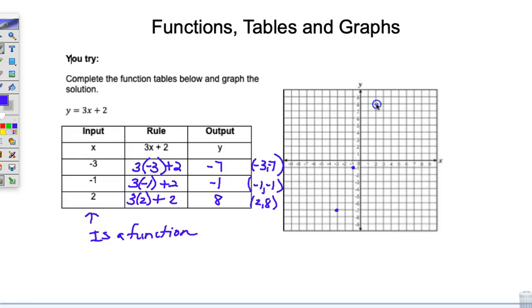So there are my 3 points. Now, ideally, I would be using a ruler to connect these points, but because I don't, this is probably not going to look like a really straight line, but I'm going to do my best to connect my points. And it's really important that you put arrows at the end, and there's my straight line. So if it is in fact a straight line, it is also a function.